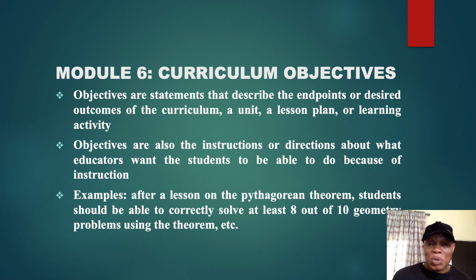If, for instance, you want to teach them living things, you start by telling them the characteristics of living things and characteristics of non-living things. If you know that at the end of that lesson, they should be able to list the characteristics of living and non-living things, don't add to it that they should be able to differentiate between living and non-living things. Teach them the characteristics first.